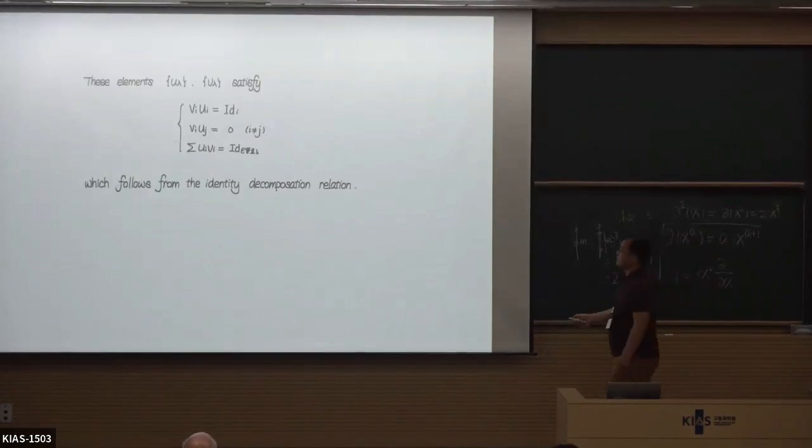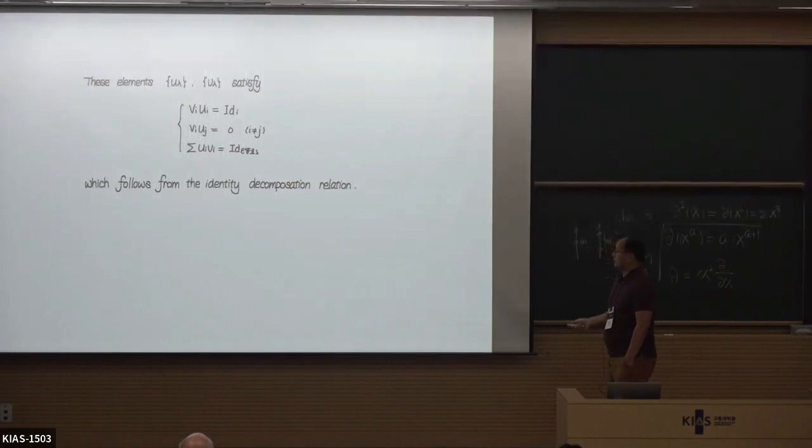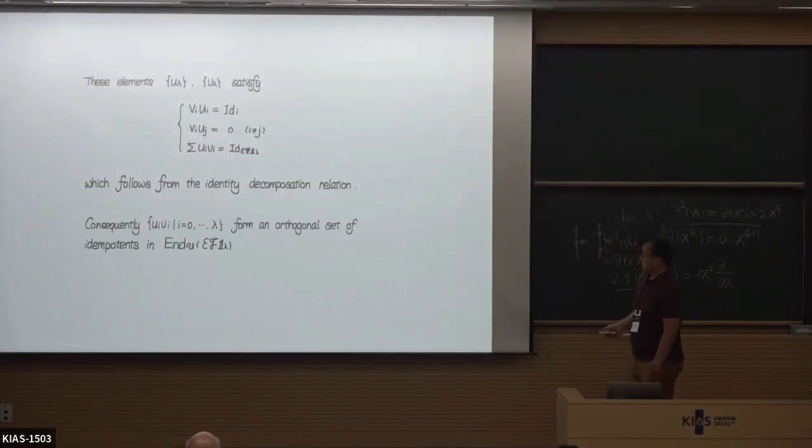These elements you can check using the relations I have written down earlier. They do indeed give you idempotent relations, where composing with U_I is identity I, different ones are orthogonal, and the sum of these is the identity map of EF. So this is an orthogonal set of idempotents that gives you the corresponding decomposition.